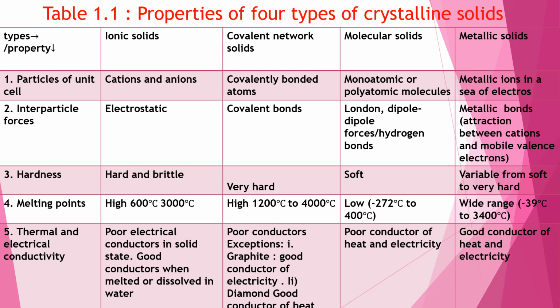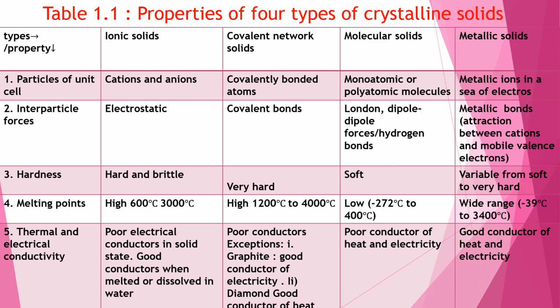Third property, hardness. Here it is hard and brittle. These are very hard, these are soft, and these vary from soft to very hard. Melting point is also very high here, up to 600 to 3000. The next is also high, 1200 to 4000, and this is low, minus 272 degrees Celsius to 400 degrees Celsius.